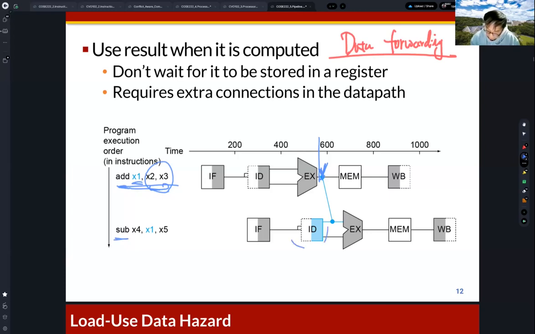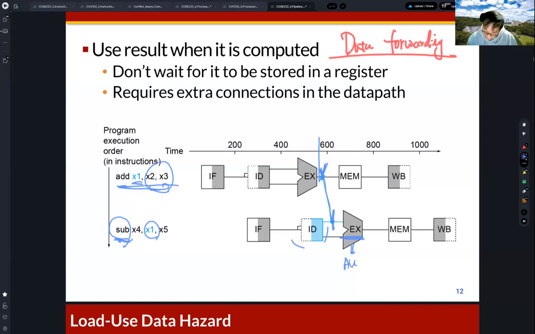The sub needs to read the XOR data from the register file, but actually this sub instruction requires data at this time. Do you understand? Because the sub instruction requires data for the ALU, okay?